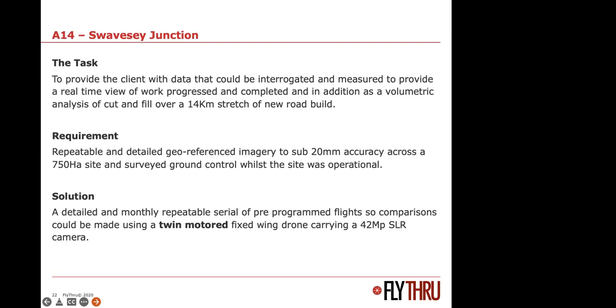And there were borrow pits which they were using to take material to assist them in constructing the new road. And these borrow pits were around about a kilometre square and somewhere in the region of 15 metres deep. So you can imagine the amounts of material that were being used.